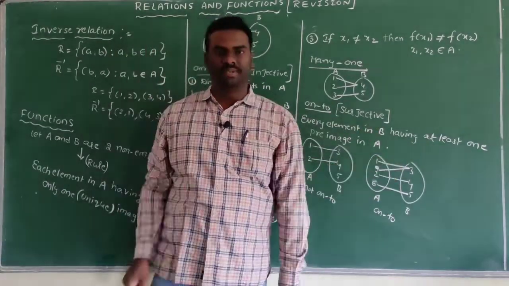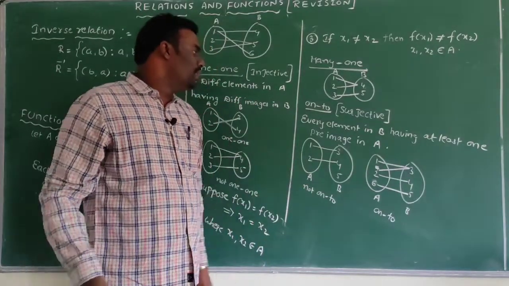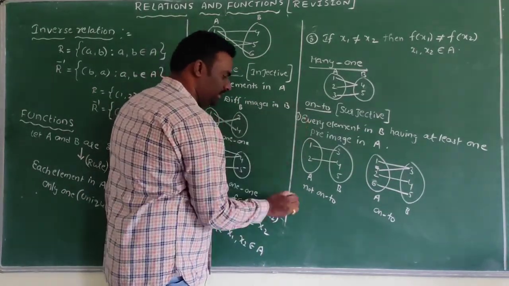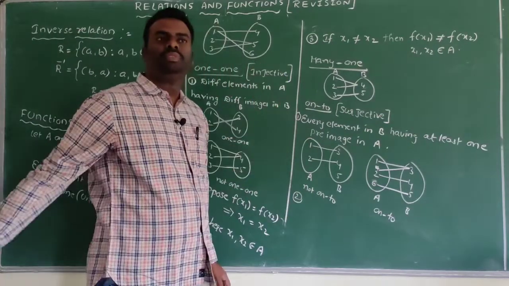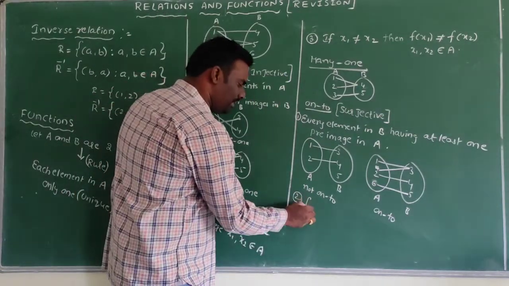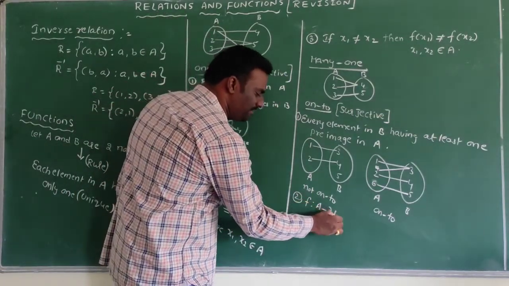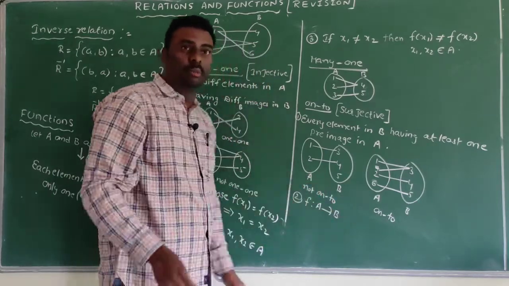In problems, we are using one more definition for onto, that is the definition number 2. What is that? If f maps A to B is a relation of function. How to represent a function?